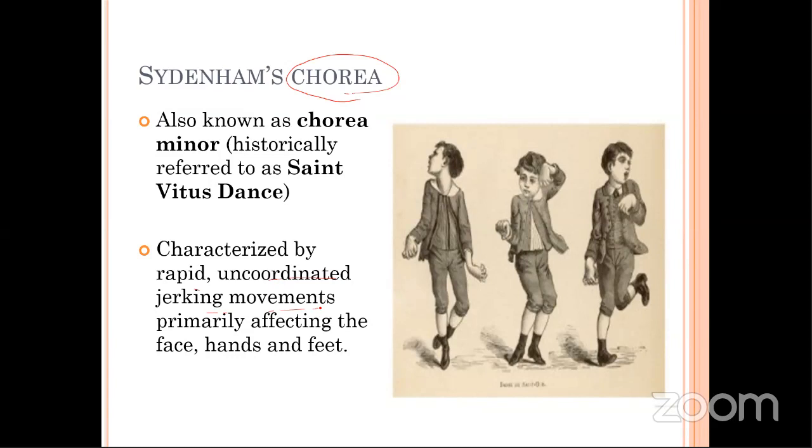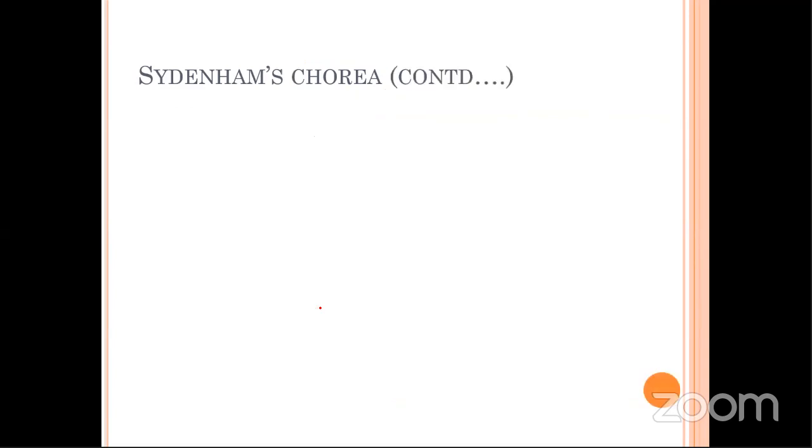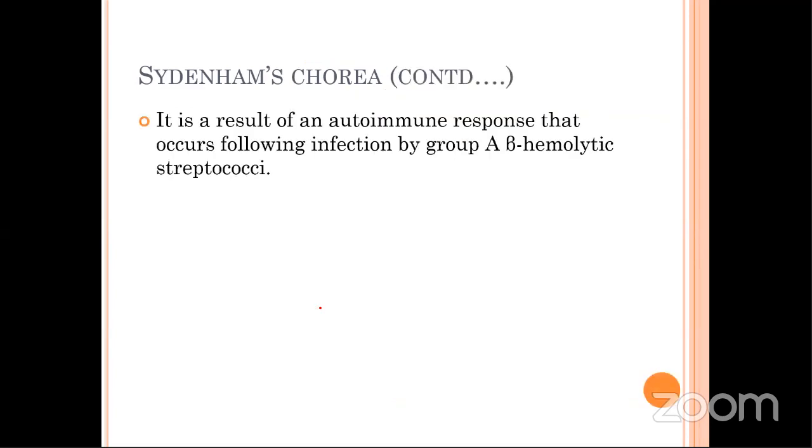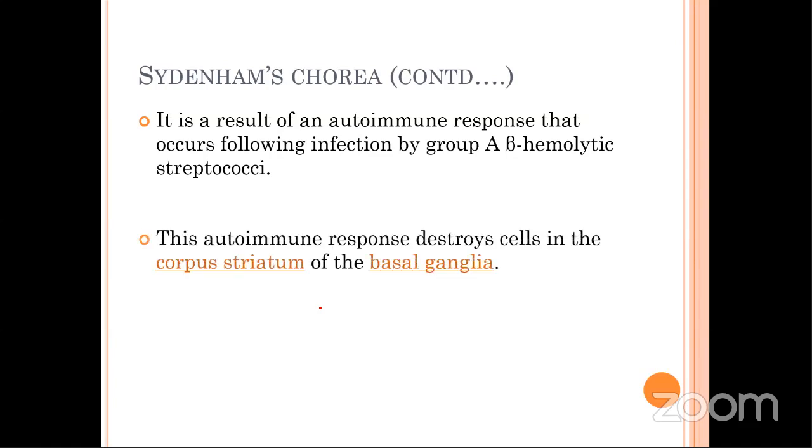But since they are not coordinated, they are some kind of jerking movements of face, hands and feet, it looks like the patient is dancing. So see the picture. In this picture, this is a classical description of Sydenham's chorea. This results from an autoimmune response because of group A beta hemolytic streptococcus, and this occurs because of destruction of cells in the corpus striatum of the basal ganglia.